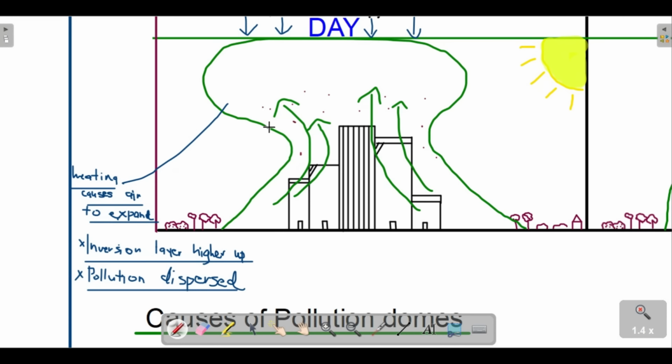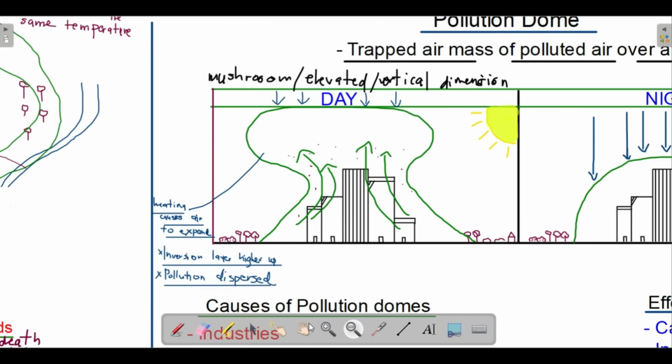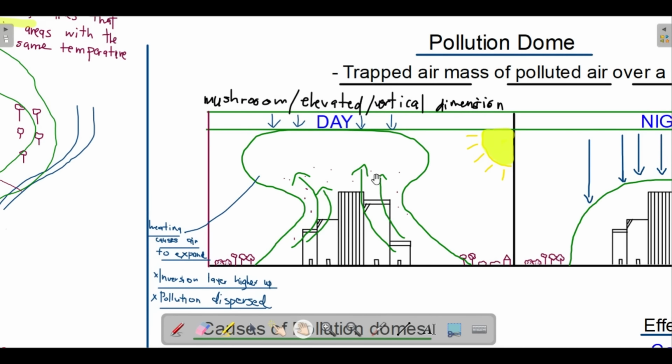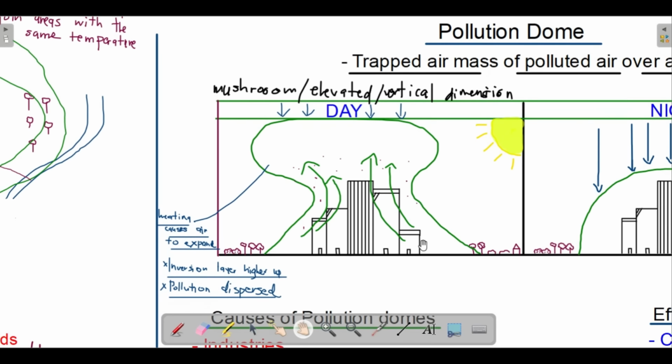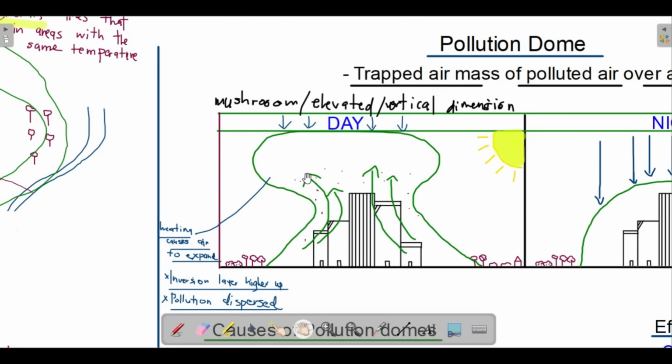Okay, they are able to escape from the ground, from the city, right? Because now air is rising up. Okay, we talked about this phenomenon of warm air escaping with pollutants during anabatic and katabatic winds, in the valley climate, right? So that is the shape that it conveys during the day.